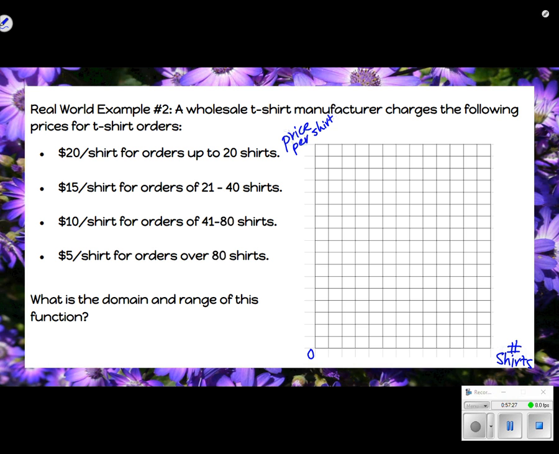So 10, 20, 30, 40, 50, 60, 70, there. You may be like, why are you still going? Well, I can go over 80 shirts, so why not? Now, my pricing, I'm only using 5, 10, 15, and 20, so I might want to space that out.